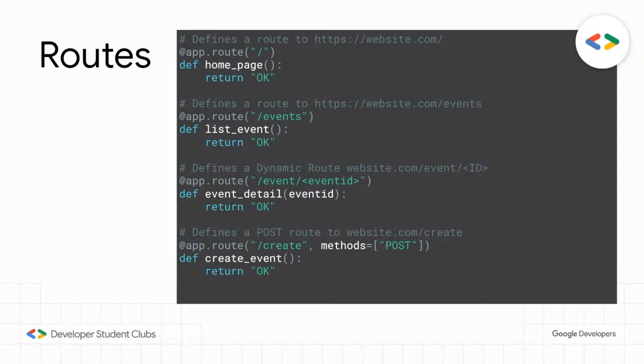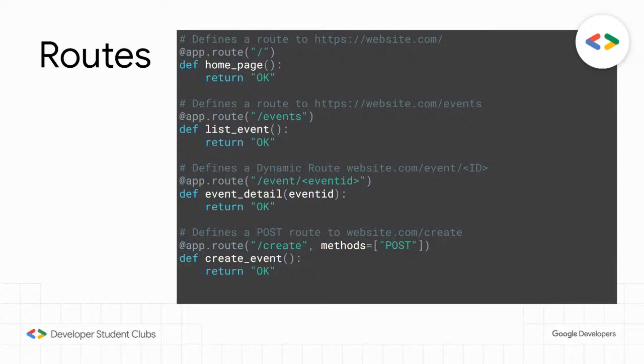So here in this example, there are four types of routes that I wanted to talk about. The first one that says homepage is just routing for /. This is just defining a route to your website.